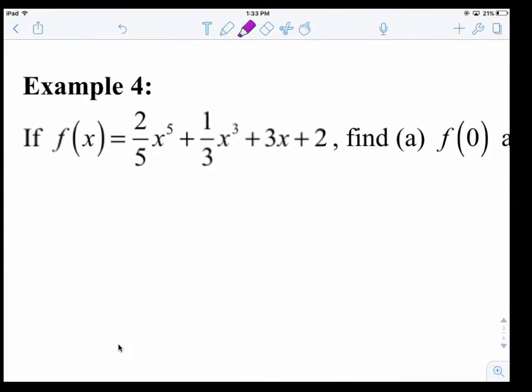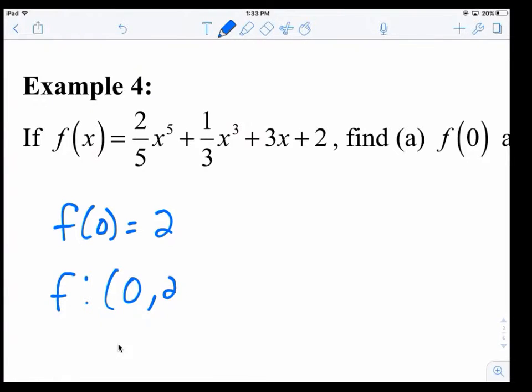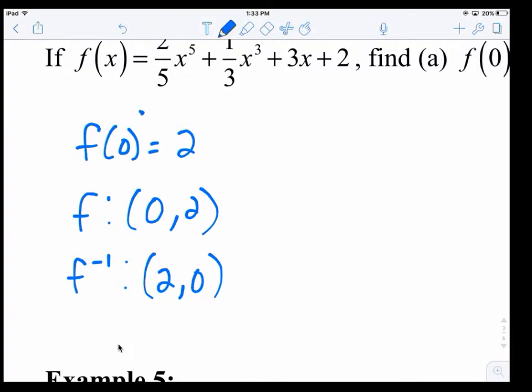All right, so you have f of x. What's f of 0? f of 0 would be 2, right? So that means I have a point there at 0, 2, and that means that the inverse has a point where? 2, 0, right? All right, so we found f of 0 is 2.